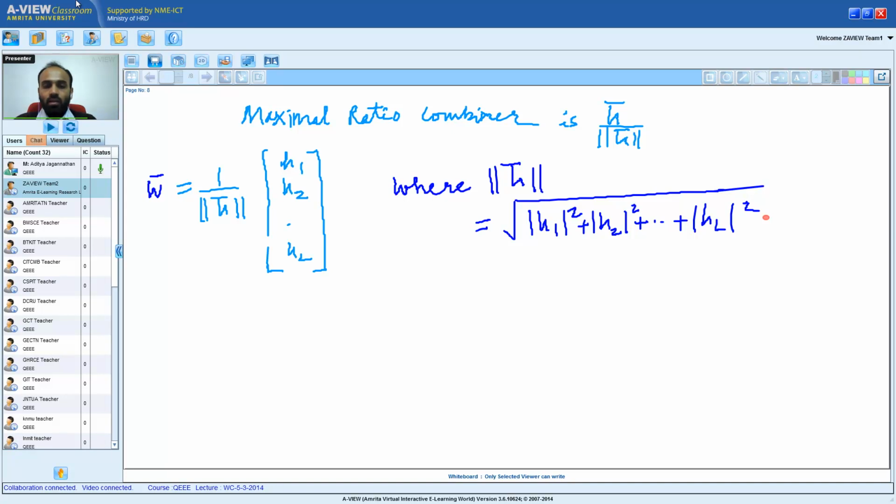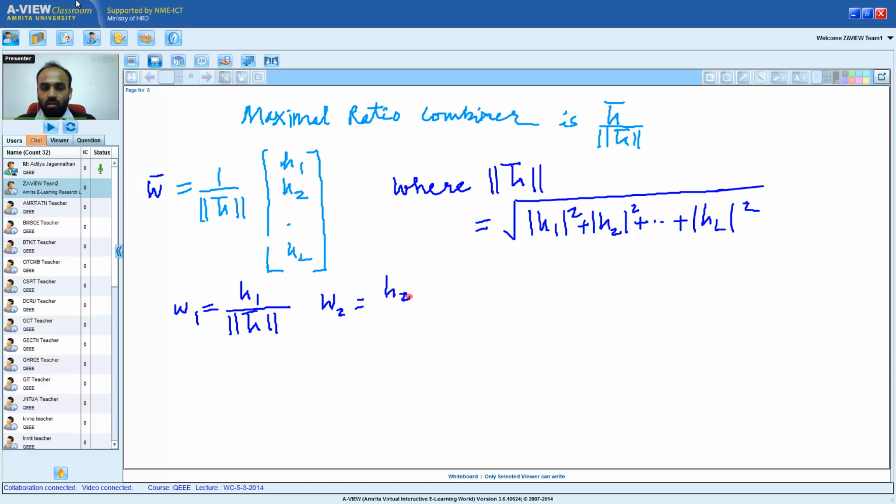Fine. This is norm H. Therefore W1, for example, equals H1 divided by norm H bar.